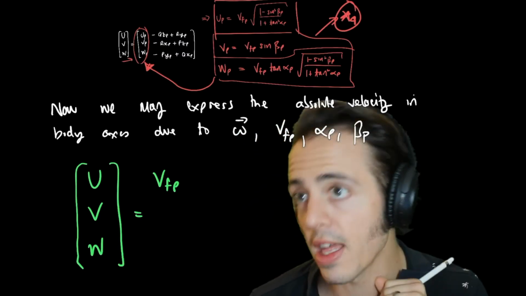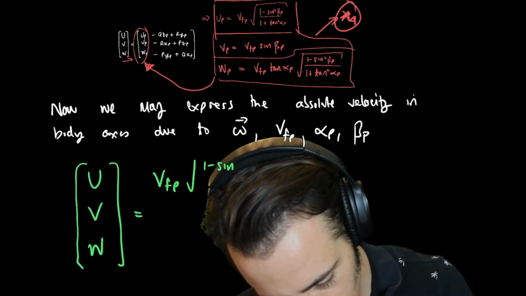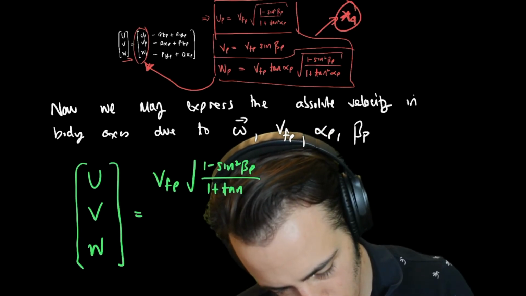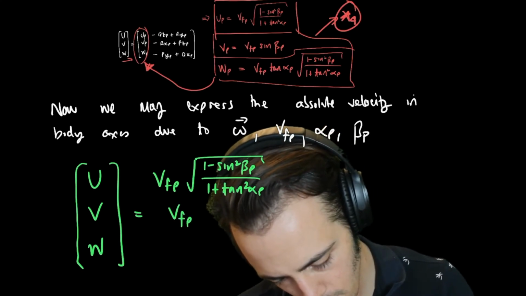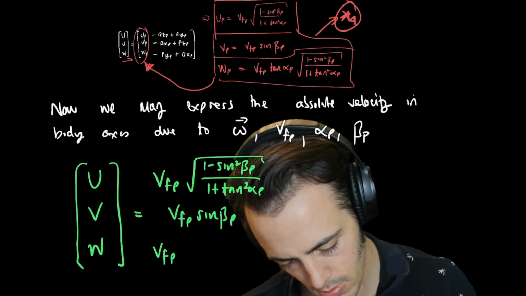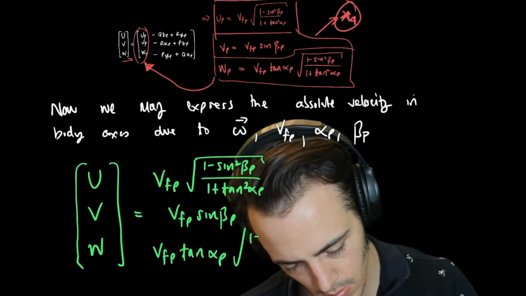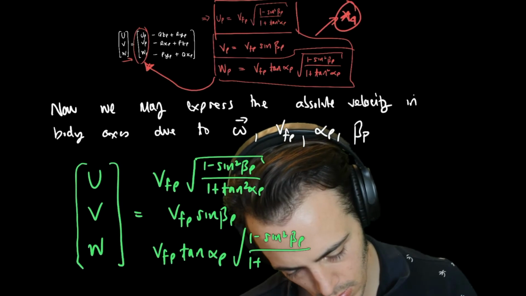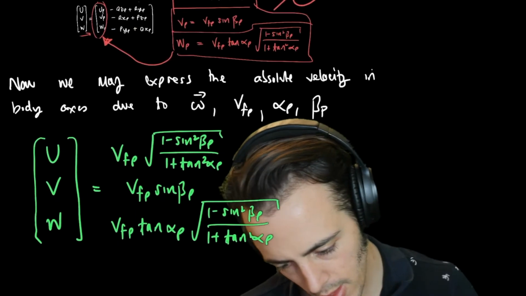So the first things we're going to put is that these terms up here, asterisk 4. Okay, so that's these terms dealt with.